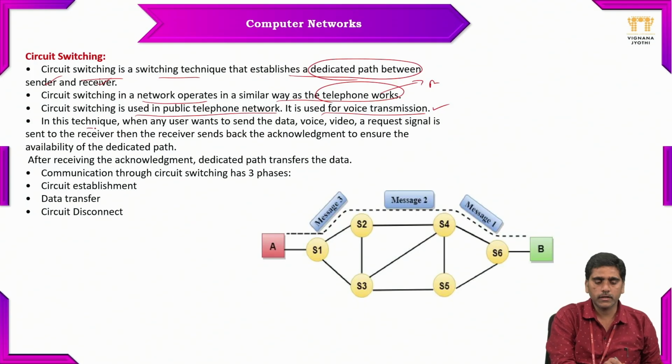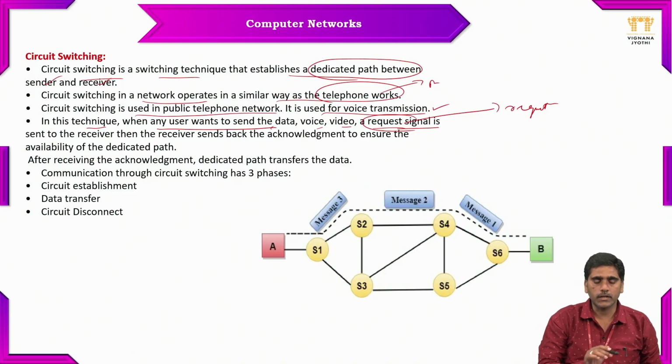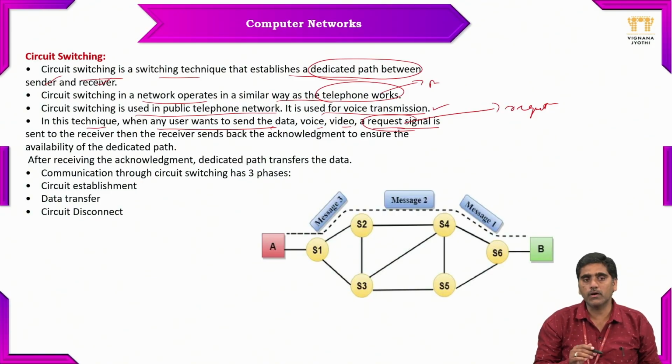In this technique, when any user wants to send data, voice, video or a request, a request signal has to be sent first to the receiver. Then the receiver sends back an acknowledgement to the sender, saying whether he is available and able to receive or not.